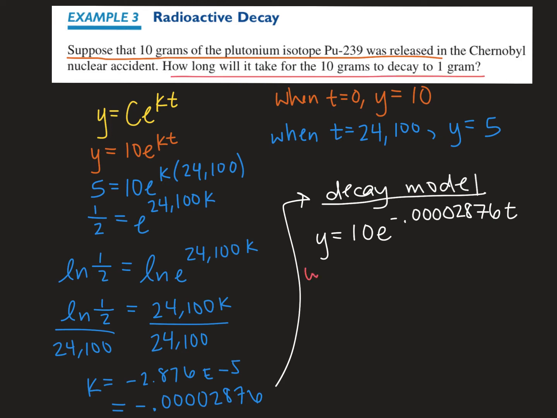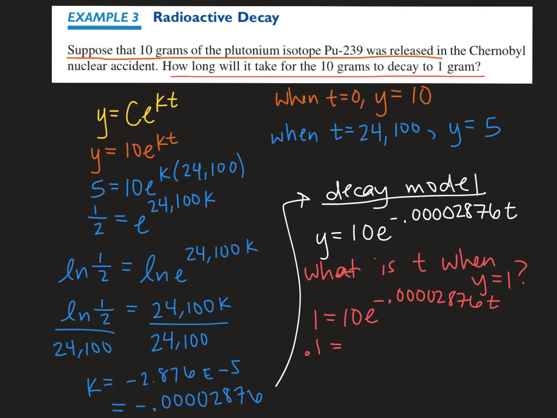So again, this means what is t when y gets down to 1? So clearly we should know that it's going to be more than that 24,100 years because we need to keep decaying past that 5 grams. So if 1 equals 10, e to this whole thing. Dividing both sides by 10, I'll have 0.1 equals e to this whole thing.